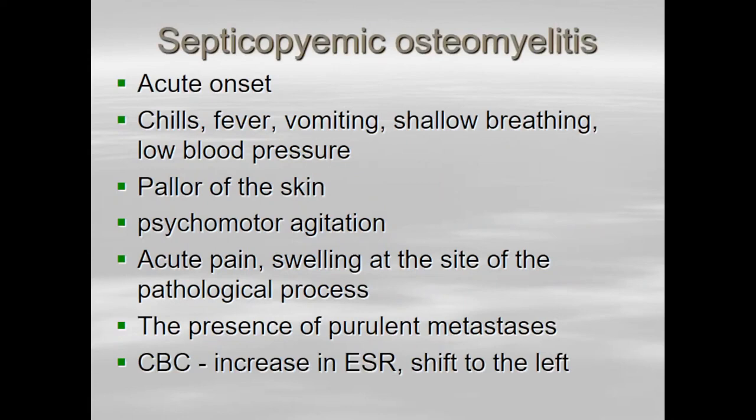Septicopyemic osteomyelitis. Acute onset, chills, fever, vomiting, shallow breathing, low blood pressure, pallor of the skin, psychomotor agitation, acute pain, swelling at the site of the pathological process, the presence of purulent metastases. CBC shows increased ESR and a shift to the left.